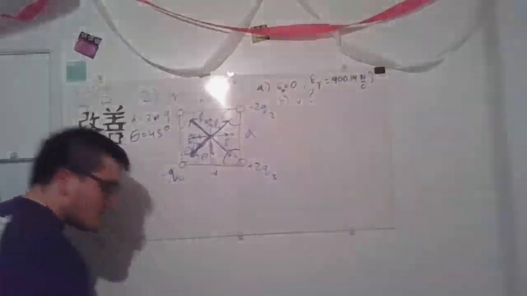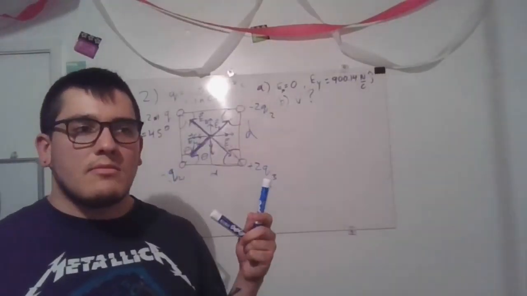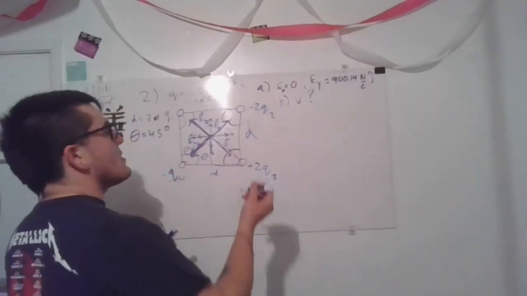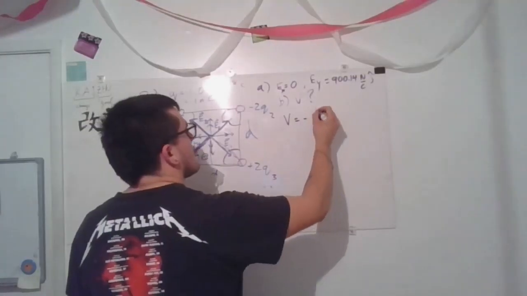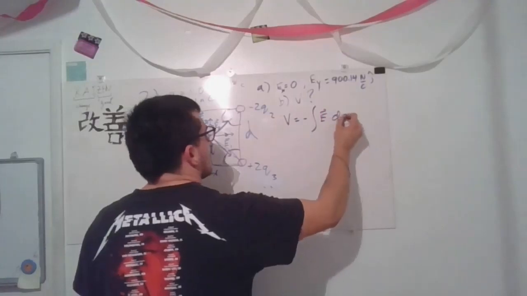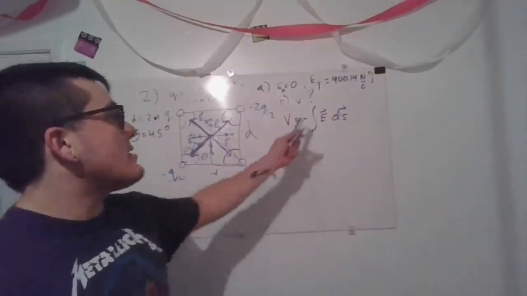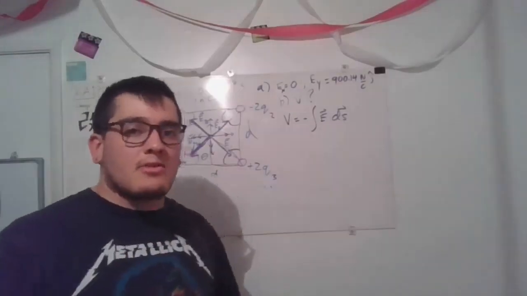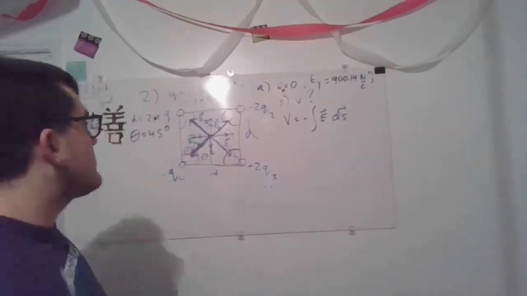Okay. So if we have the electric field, how can we find the potential? If you have the electric field already, you simply need to walk the path that you're traveling along to find what that is going to be.